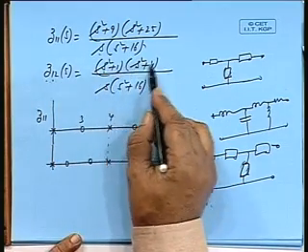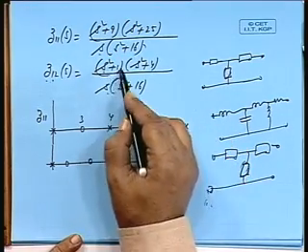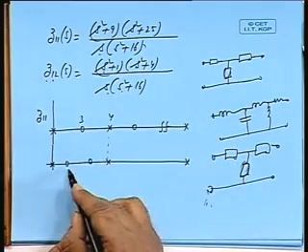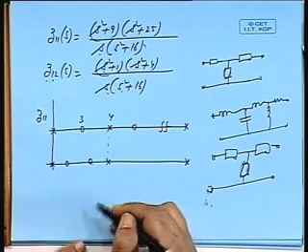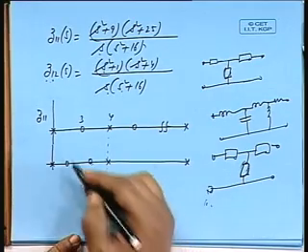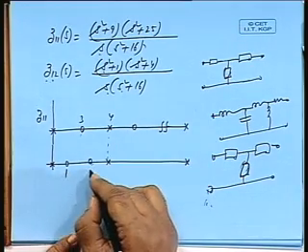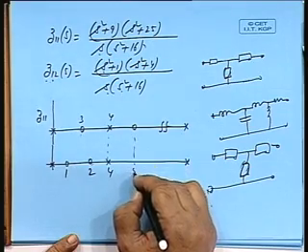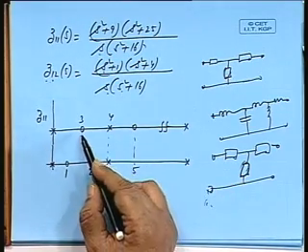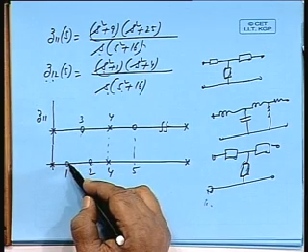(s squared plus 1) into (s squared plus 4) by s into (s squared plus 16). You can see the zeros are coming consecutively, two consecutive zeros, and then a pole comes. So, what should I do? These are the values 1, 2, 4 and 5. Either I can shift this 0 here or this 0 here.